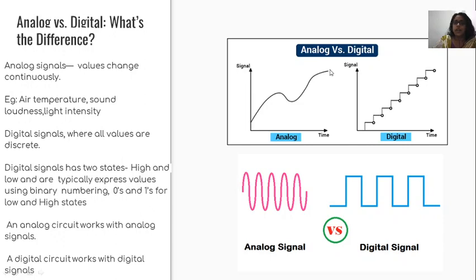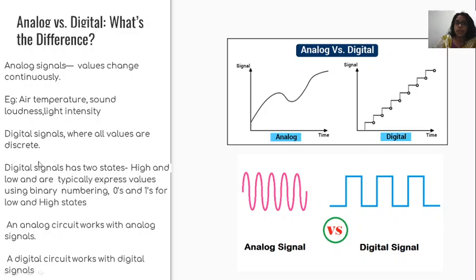For example, air temperature, sound loudness, light intensity. The values are varying continuously. Then the next diagram is for digital signals. What's the difference? The values are discrete. These dots are the values. They are discrete. They are not continuous.